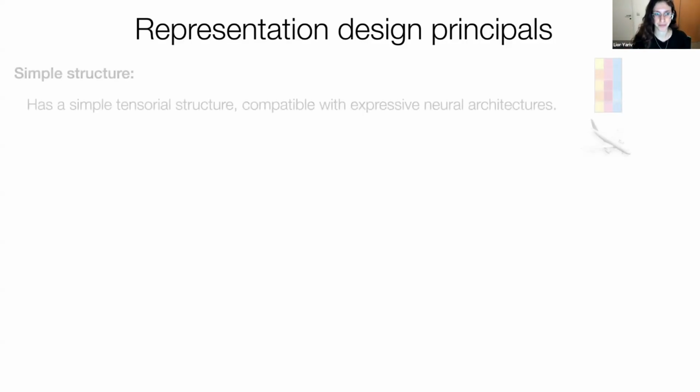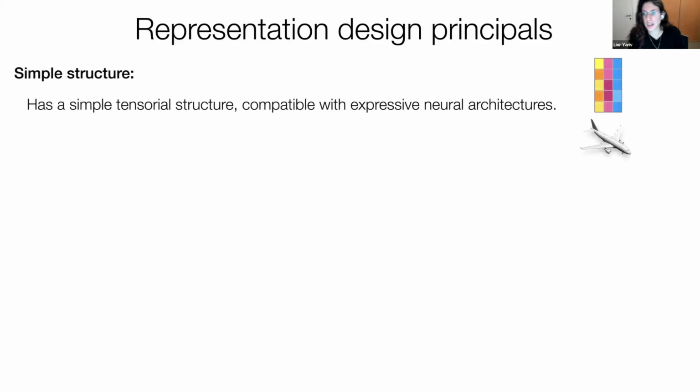So with this question and the concepts that we have from images, we wanted to design principles for the 3D representation that we're going to use for our generative model. Keep in mind that this design is for a model whose goal is to serve as generative.